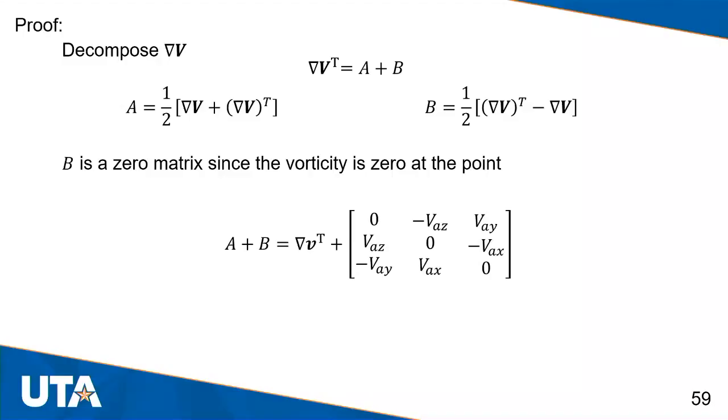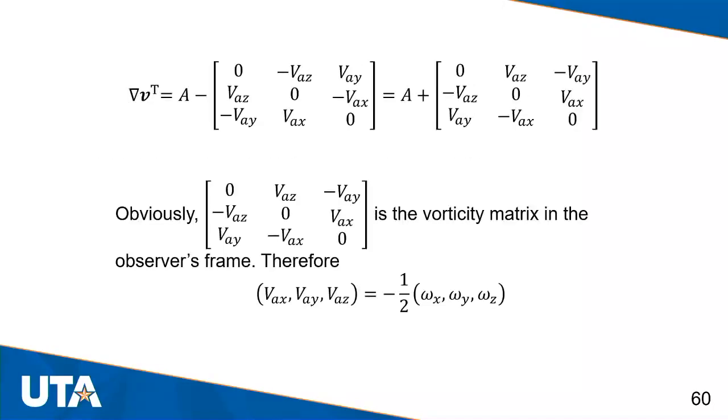Then we bring the result to the relation between the velocity gradient in the inertial frame and the velocity gradient in the observer's frame. We get this expression, and we know B is 0.